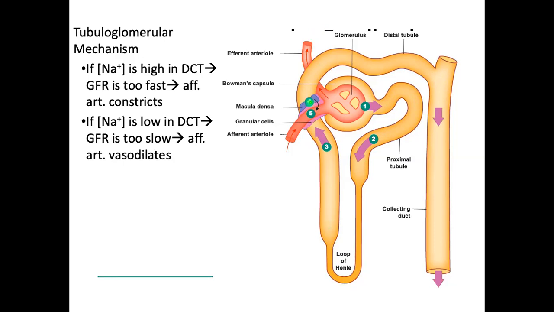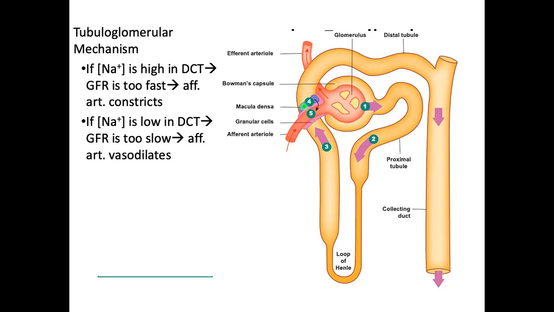Okay, so think about it. If blood pressure is too high, so look at number 1, what's going to happen to glomerular filtration rate? That's going to go really fast, right? And when that goes really fast, urine flows really fast through the tubes, and through that macula densa monitoring station.